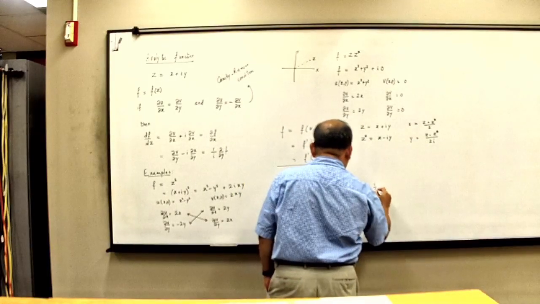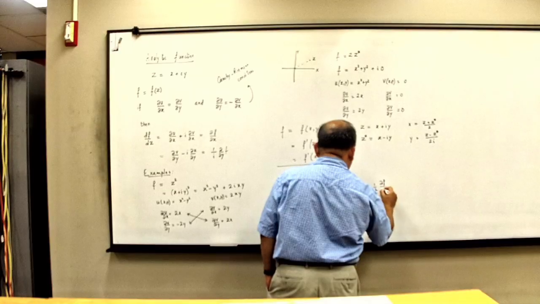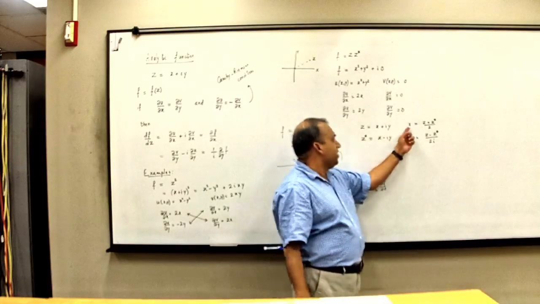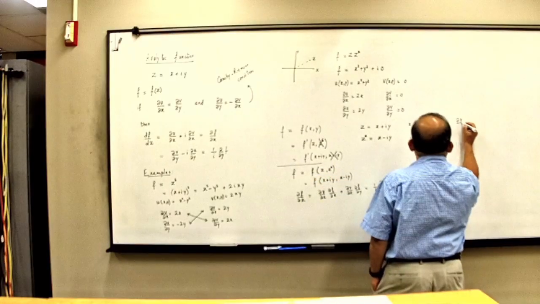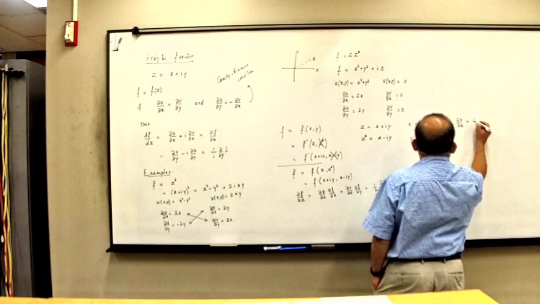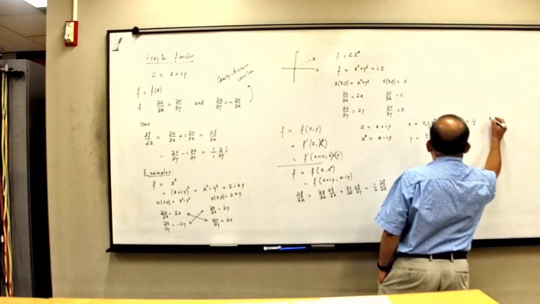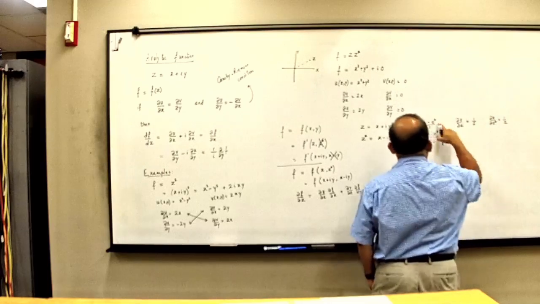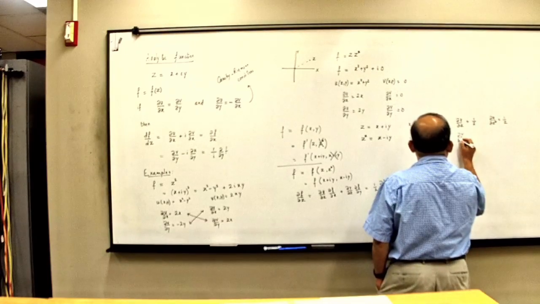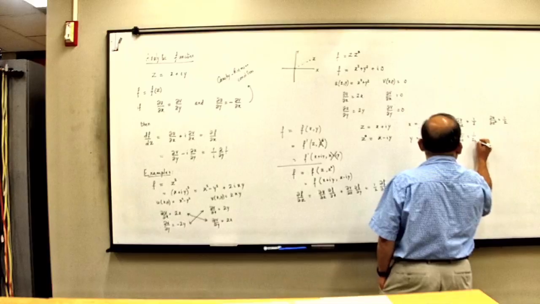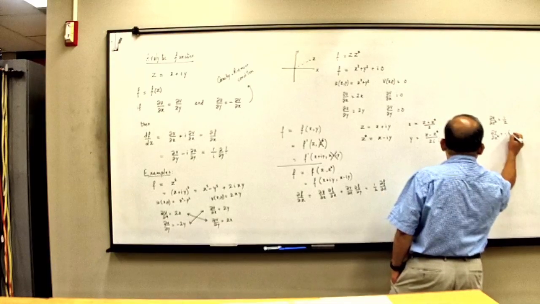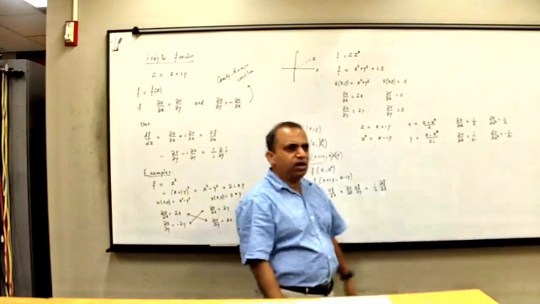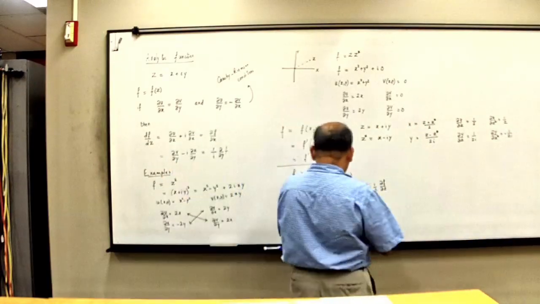Maybe write that down again: dx by dz is equal to 1 by 2, dx by dz star is equal to 1 by 2, coming from here. dy by dz is 1 over 2i, and dy by dz star is minus 1 over 2i, just coming from this point. Using that, I can explicitly write these things.